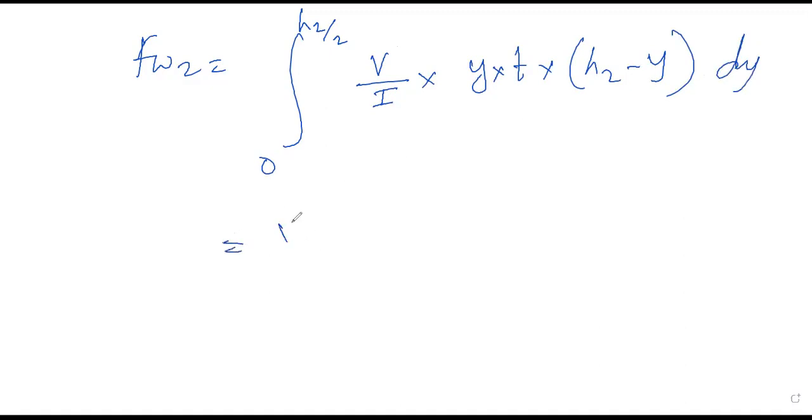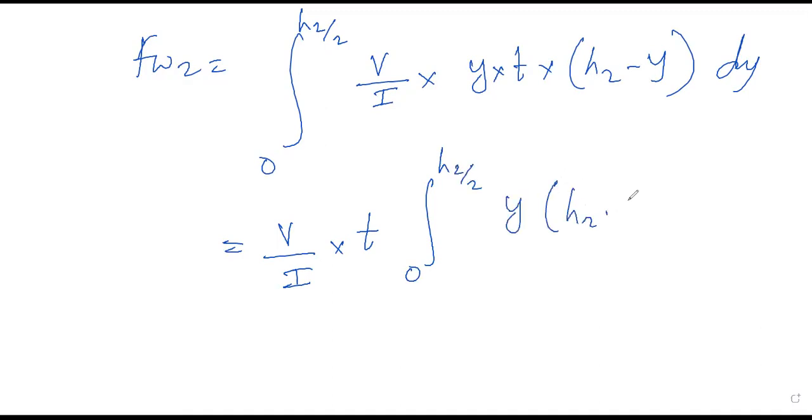That is equal to V by I common, t is also common, integration from 0 to h2 by 2 of y into h2 minus y dy.